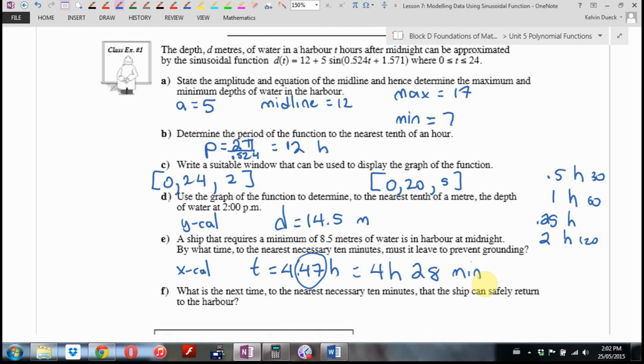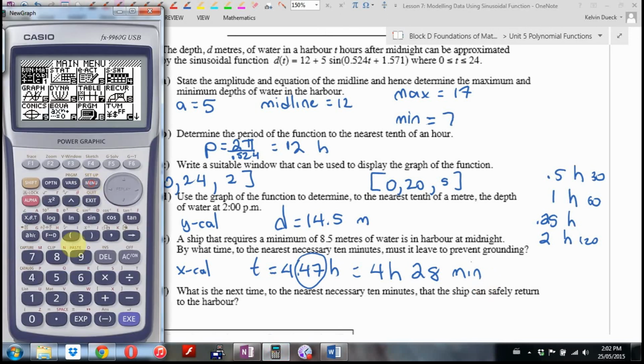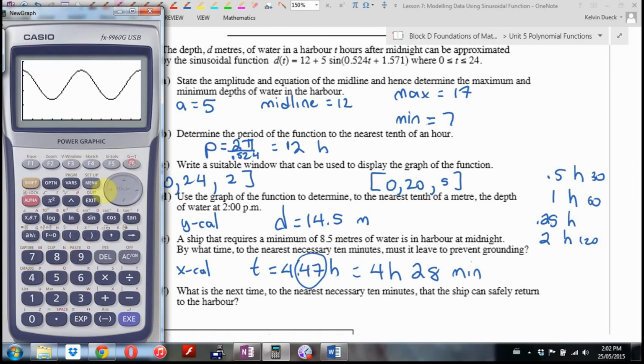Suppose they go out. What's the next time they can come back? Do you still have, where am I, Mr. Dueck? Graph, draw, G-solve. This was an X calculation when Y was 8.5, and that gave me that value. I think the next time they can come back is right here. How can I find that?